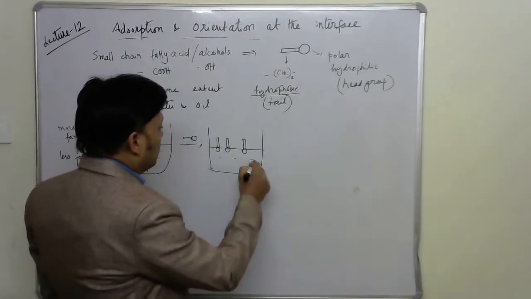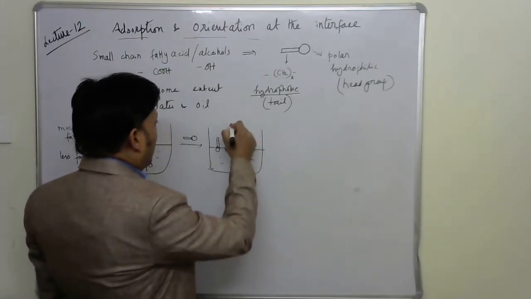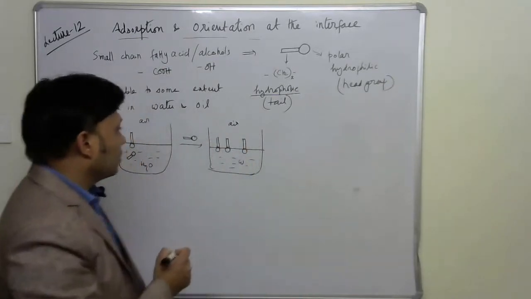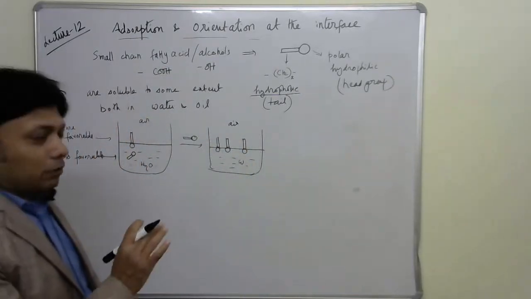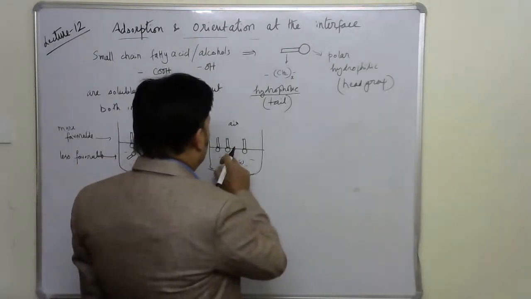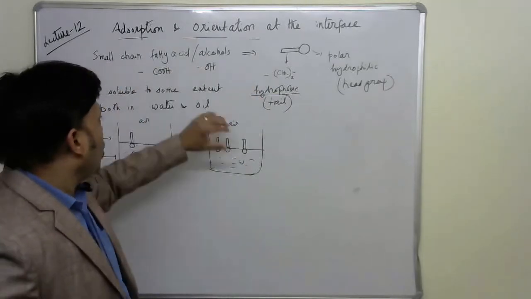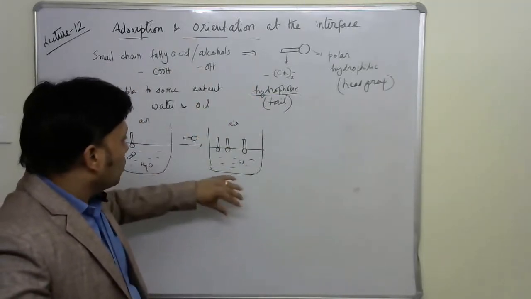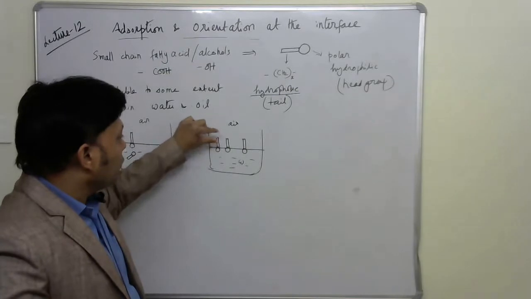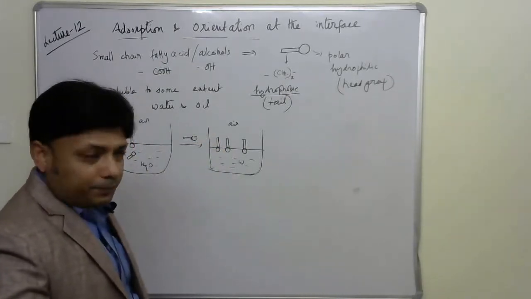So this is the bulk water, W, and this is air. One observation would be very common: the accumulation of the short chain fatty acids or alcohol molecules at the interface of air and water, or at the surface.